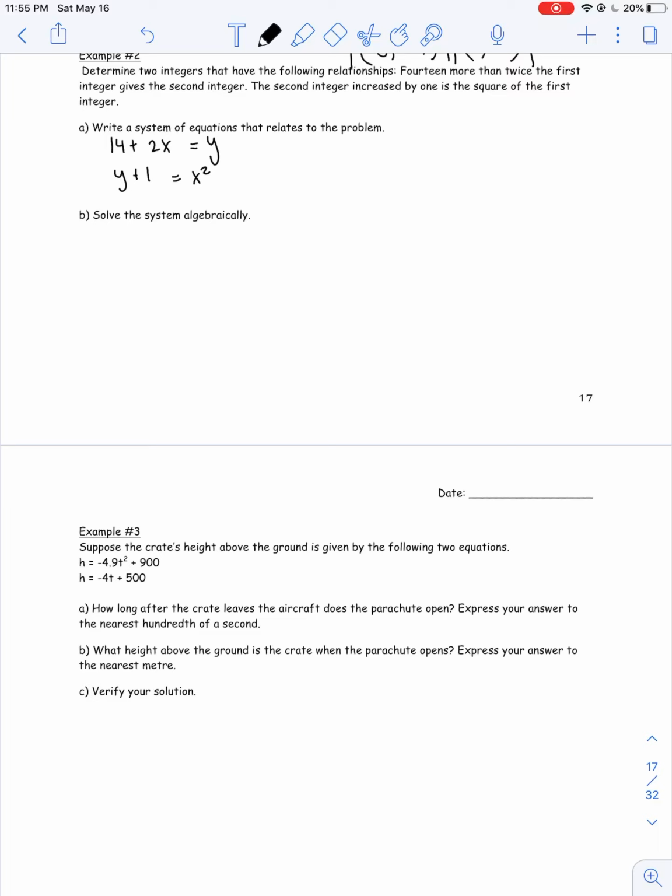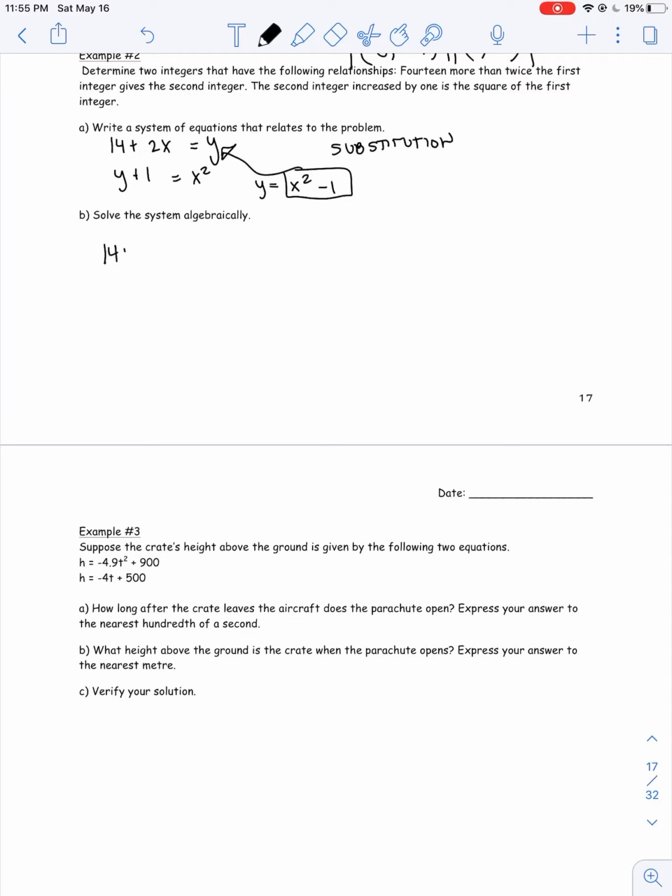In this case, because we have a quadratic and a linear equation, we're going to do substitution. So we're going to sub in one equation into the other by solving for y. Y equals x squared minus 1. So solving algebraically, we're going to put this equation into the y spot.